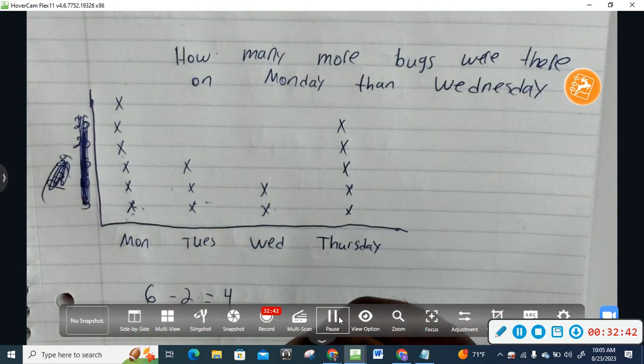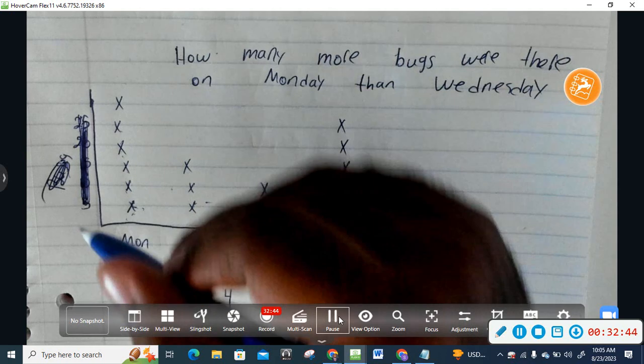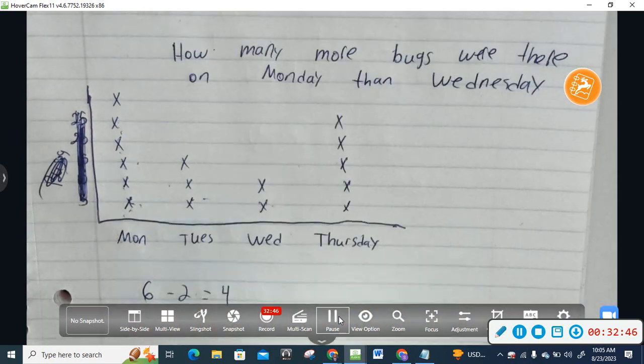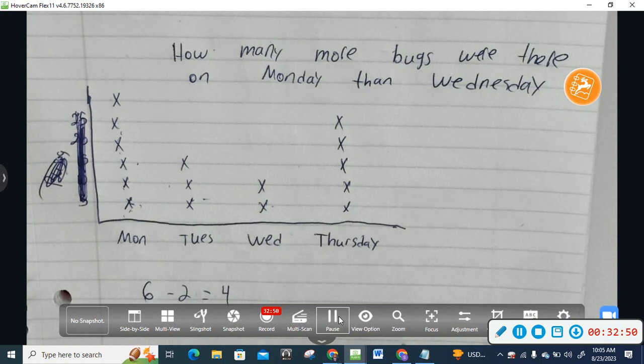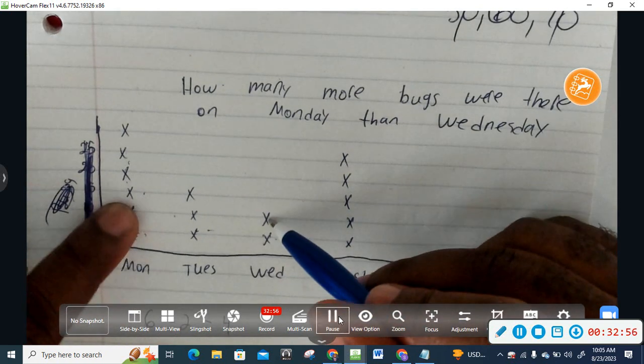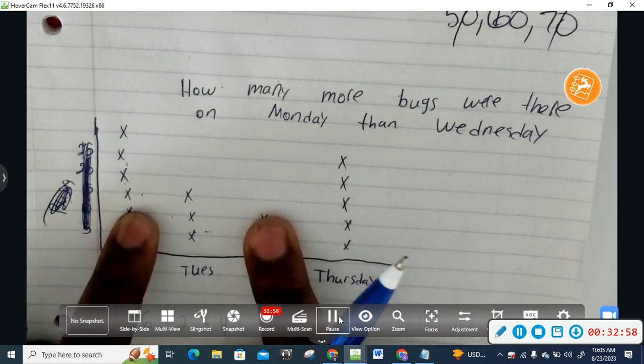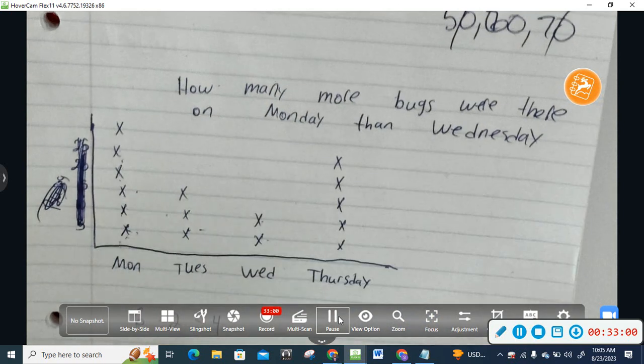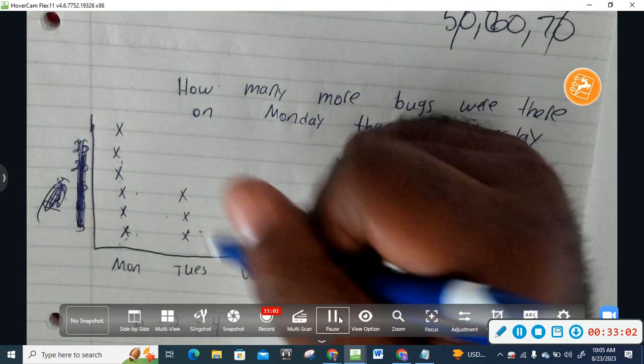So don't let that mess you up. You count however many X's there are for that section. You can do that too, because you know it's only 2 here, 1, 2, and then there's 4 left right here. So don't let these type of graphs get you either.